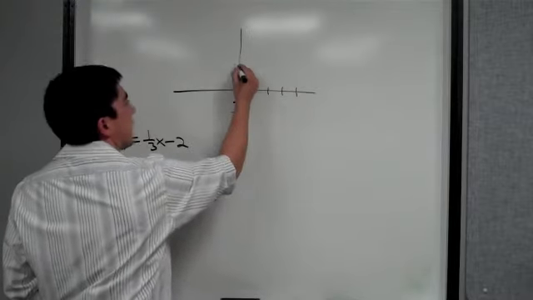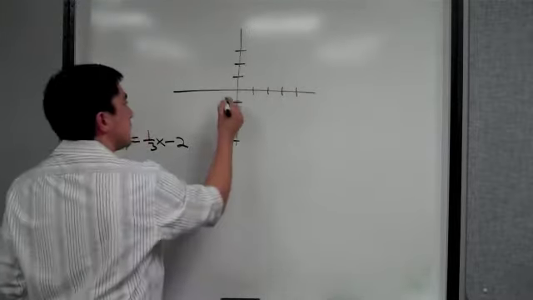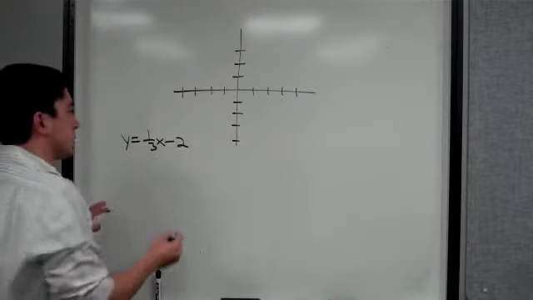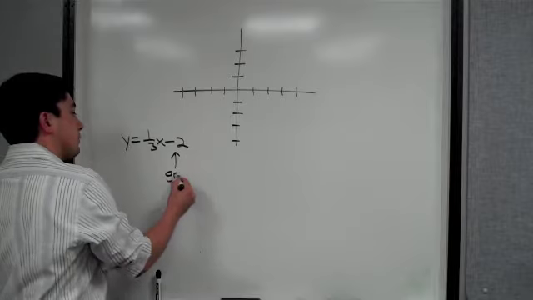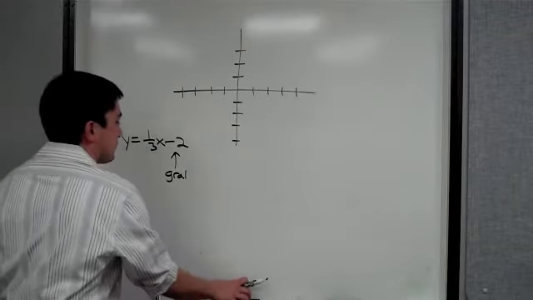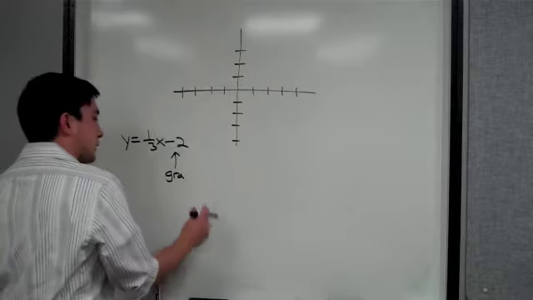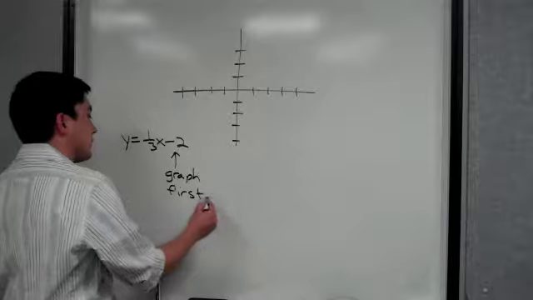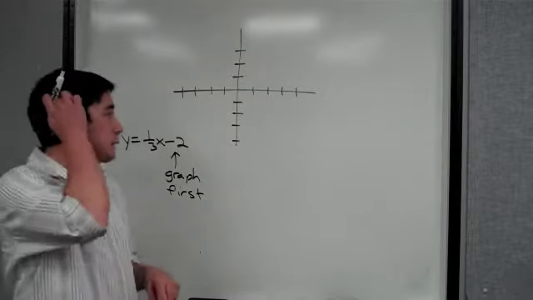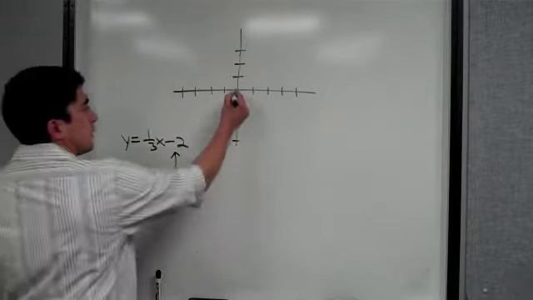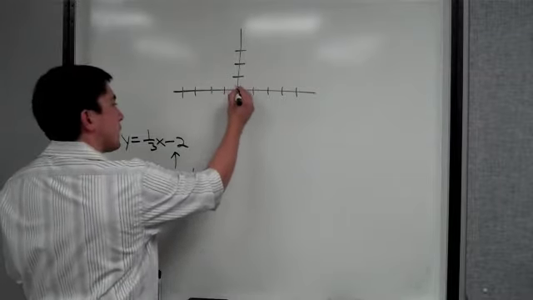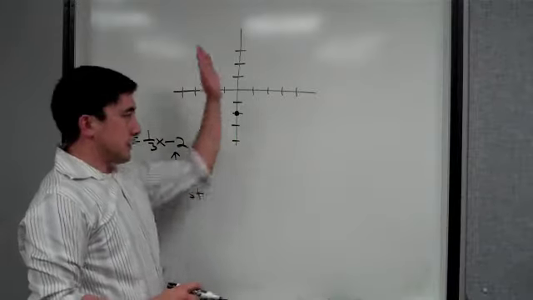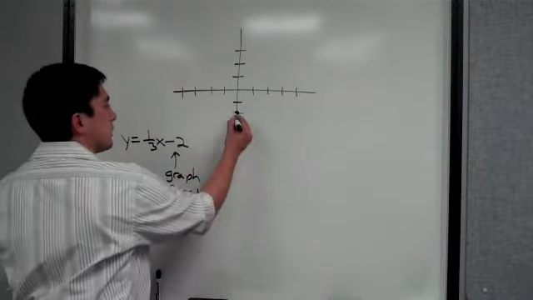What you always want to graph first is your y-intercept. Graph first, always, 100% of the time. Since it says minus 2, you're going to go down 2 from the origin. Remember, this is your y-intercept. You don't go back 2. You're going to go either up or down. In this case, we're going down 2.